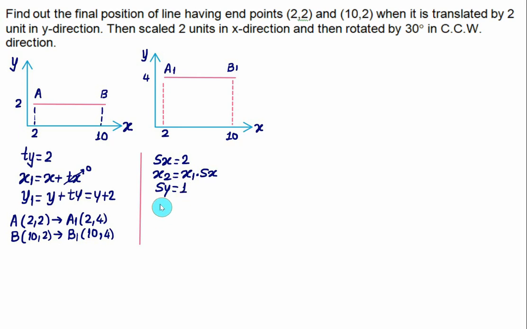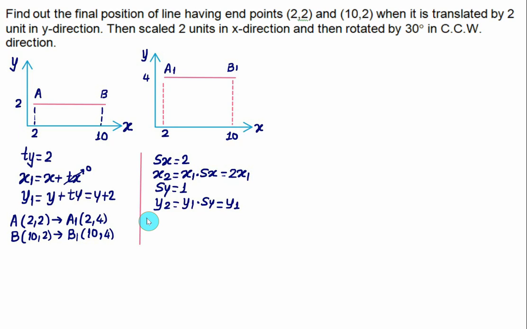Don't take it equal to 0. Since Sy is equal to 1, the y2 value will be y1 multiplied by Sy. So Sx is equal to 2, so the new coordinate x2 will be 2 times x1, and Sy is equal to 1, so y2 will simply be equal to y1.